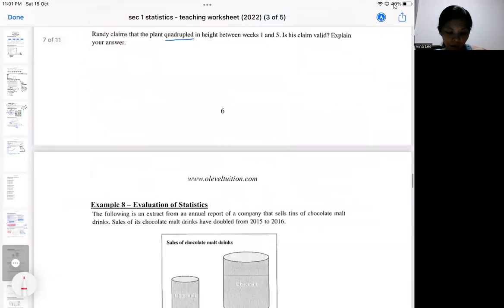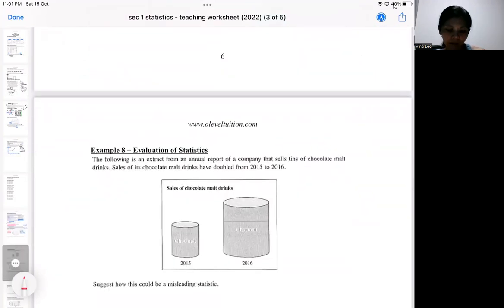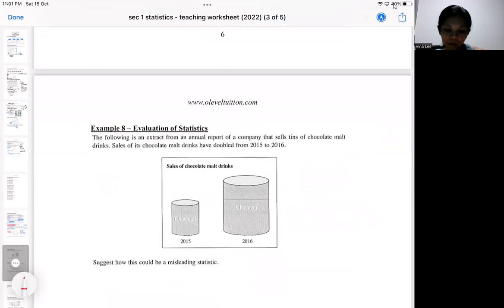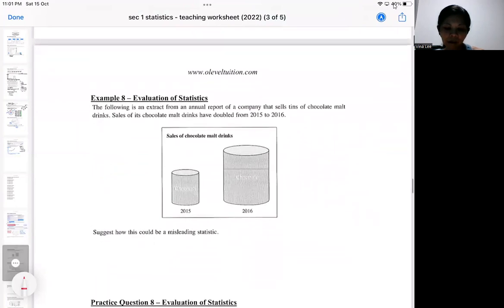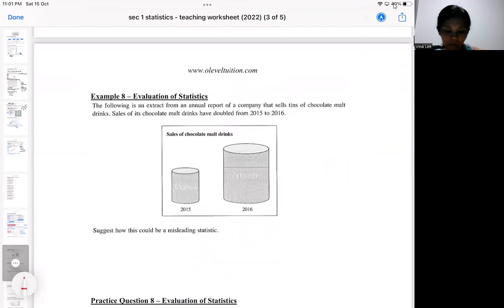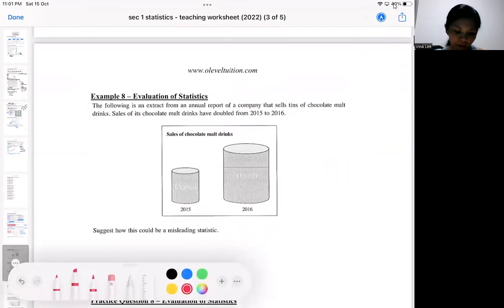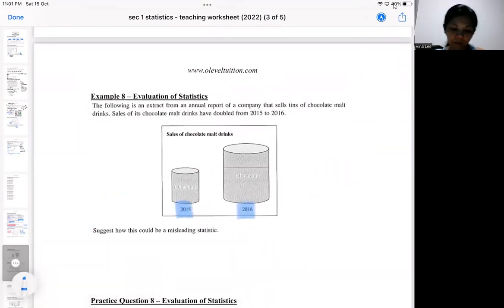Then in example 8, it's an annual report of a company that sells tins of chocolate malt drinks. So we are comparing 2 years. The report says that if the drink has doubled, the sales has doubled. But if you look at the picture, why do you think it's misleading?